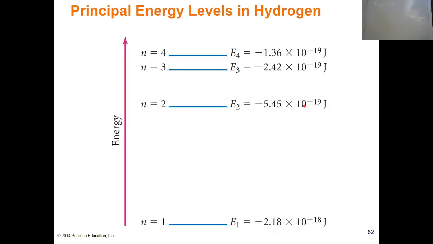And you're going to notice, and I think that there is another diagram of this somewhere in here, that as you move further away from the nucleus, the space between your energy levels gets smaller and smaller. So the difference between 2 and 3 is smaller than 1 and 2. The difference between 3 and 4 is smaller than the difference between 2 and 3. The difference between 4 and 5 would be smaller than the difference between 3 and 4. And that trend would continue.